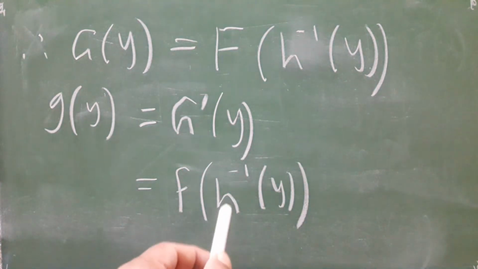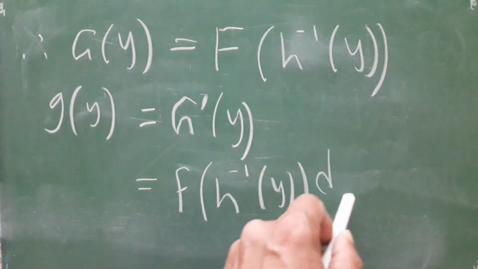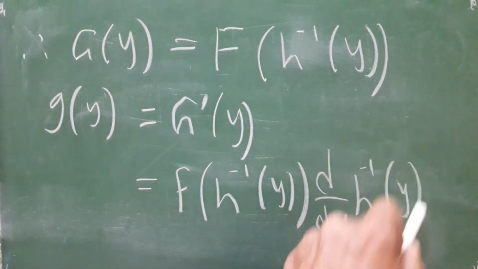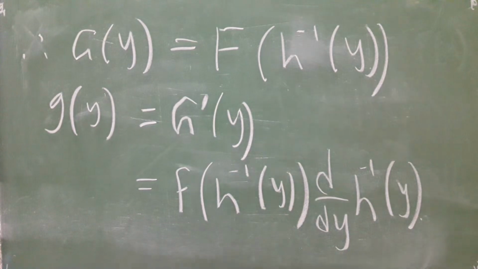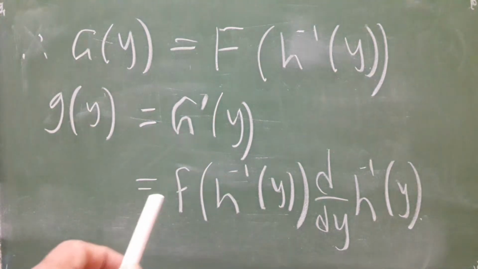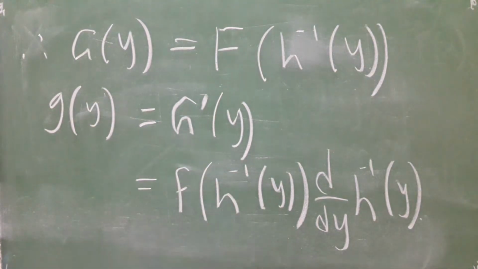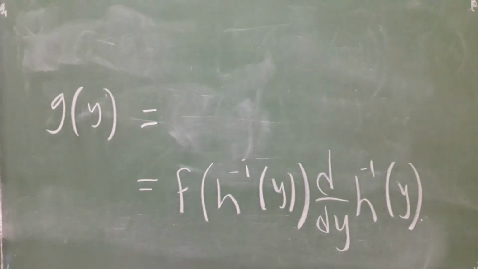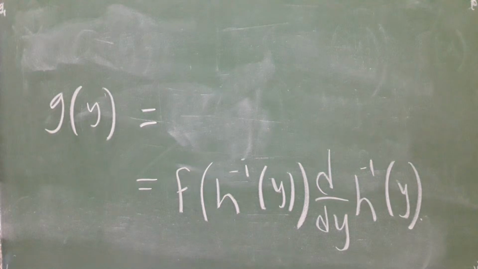Then I differentiate h inverse, so I write the derivative of h inverse y. So the density of y is given by this particular expression involving the density of x and the inverse of the transforming function. Now this very important formula was obtained under the assumption that h was a strictly increasing bijection.